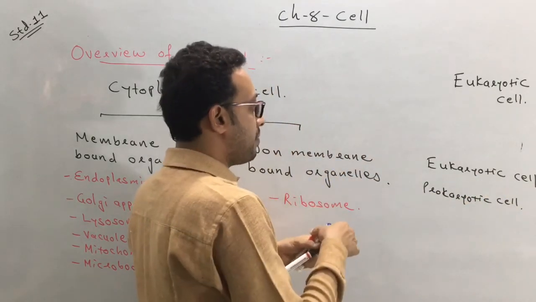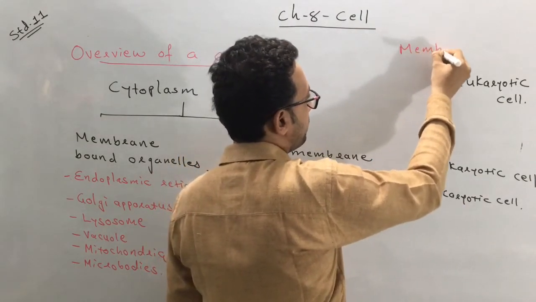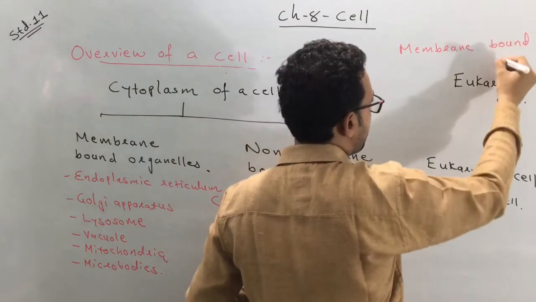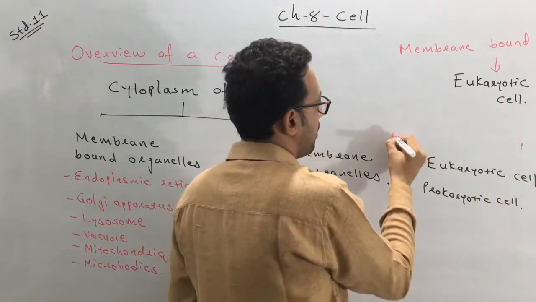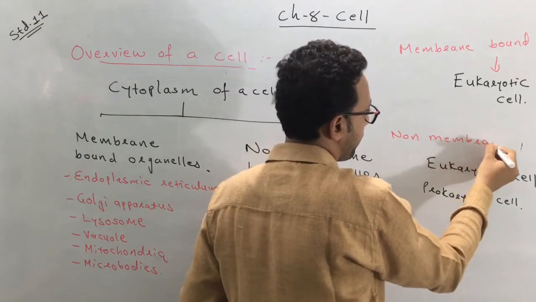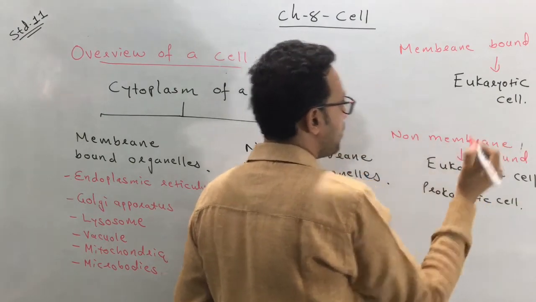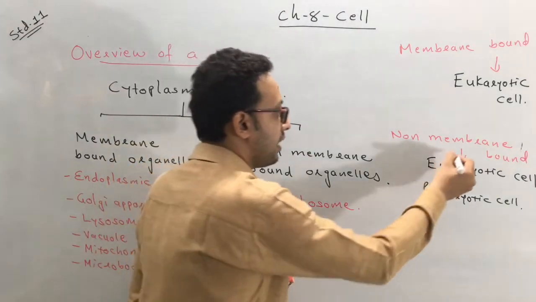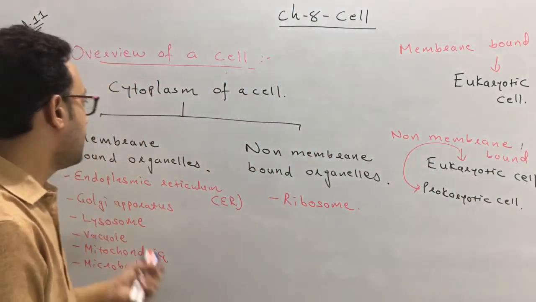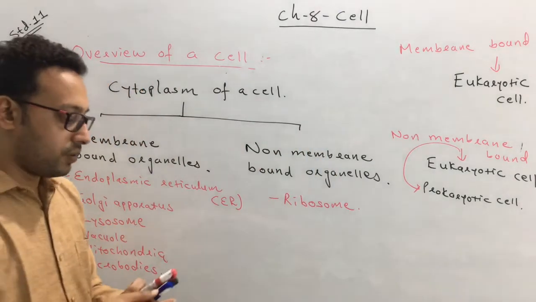So the membrane bound organelles are found in eukaryotic cells, while non-membrane bound organelles are found in both eukaryotic and prokaryotic cells. This is the difference between membrane bound and non-membrane bound organelles.